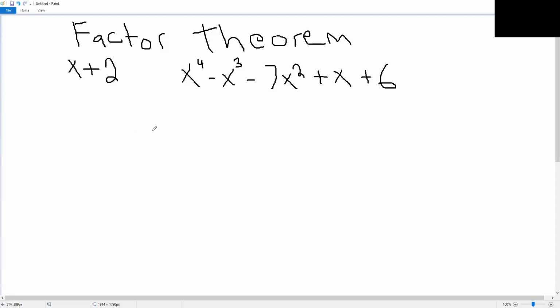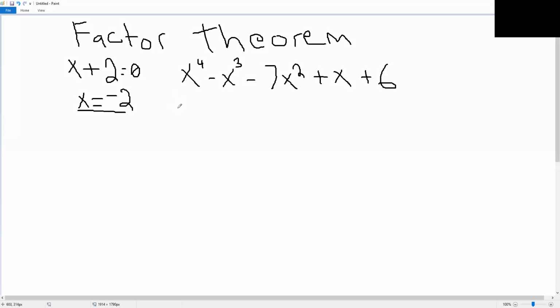Okay. So first thing you do is you set this to 0 and you solve for x. So in this case, x is equal to -2. Now, this -2, we need to substitute. What x is equal to here, you substitute into here.